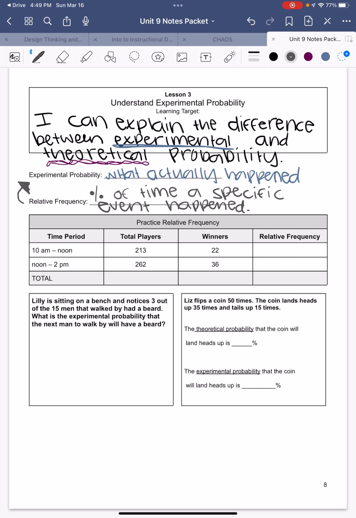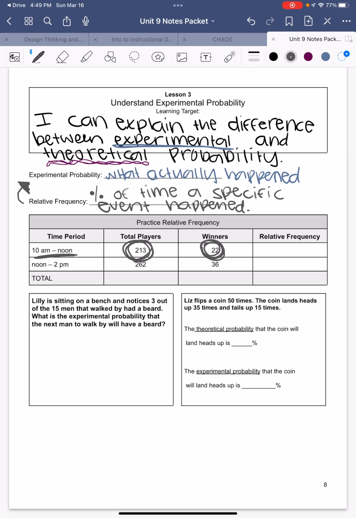So basically what happens is we've got some players playing some sort of game, and we're looking at how many of them won. So we've got 2 time frames. We've got the 10 a.m. to noon. So we know from 10 a.m. to noon, there were 213 players playing this game, and we know that 22 of them won.